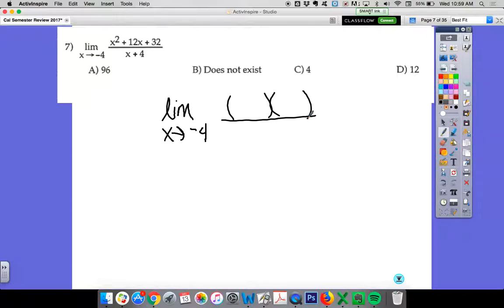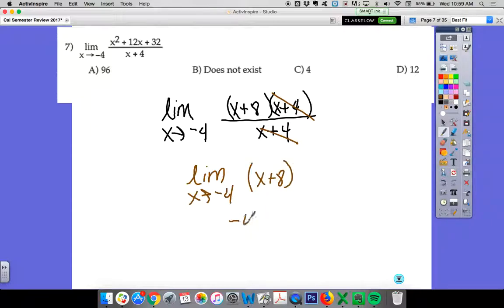So what 2 numbers multiply to 32 and add to 12? 8 and 4. Okay, so now reduce the factors that are the same, and then, if you really wanted to make it look nice, you got negative 4 plus 8 is 4. Exactly. So negative 4 plus 8 is 4. So, C.